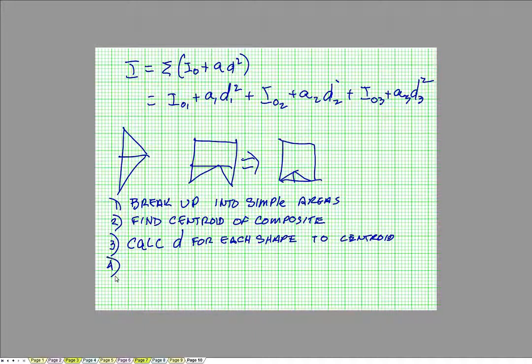Step number 4: calculate the moments of inertia for the individual shapes. Step number 5: calculate the moment of inertia, which is again the summation of I sub O plus A D squared.